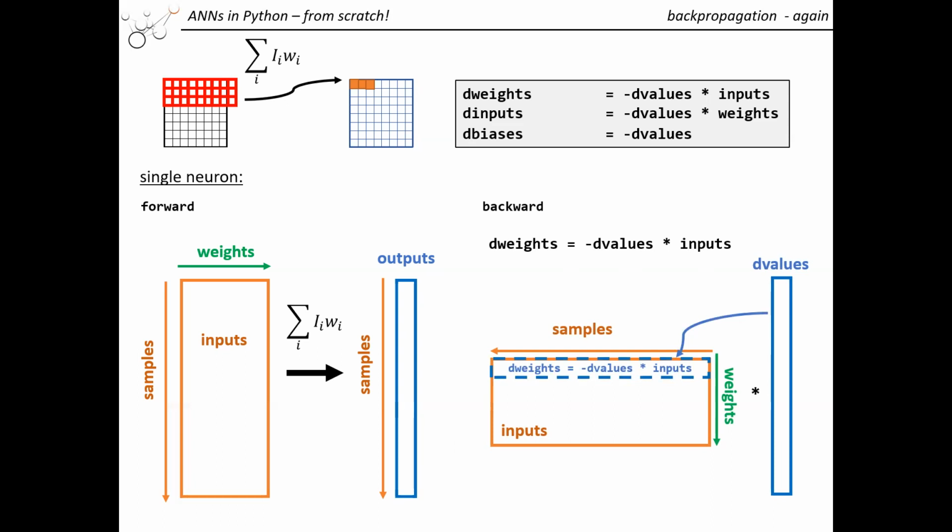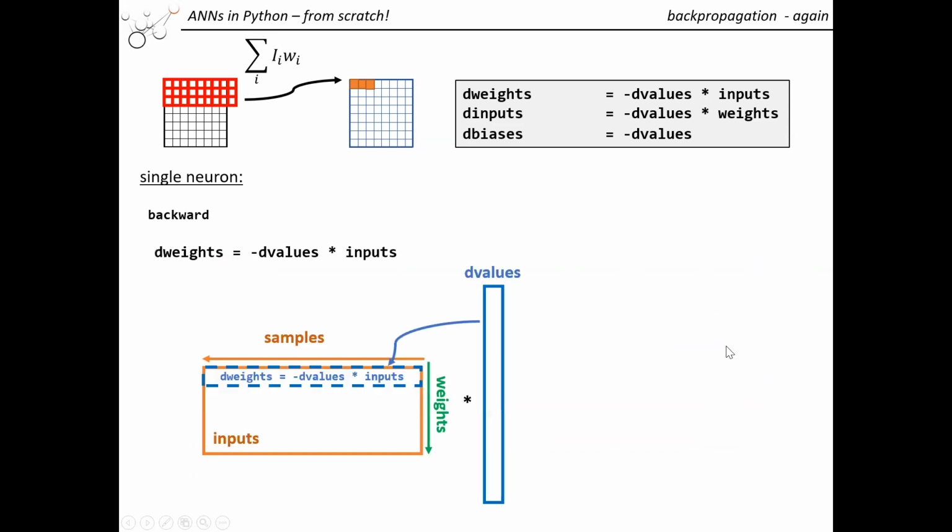And then, of course, for every weight, we will have a dot product, the d values times the vector that goes over all samples, but for one particular weight, so that we get a value for each weight. And of course, it makes sense, right? Because if we have only one neuron, let's say, like in this case, with 4 weights, then we should get a vector with length 4.